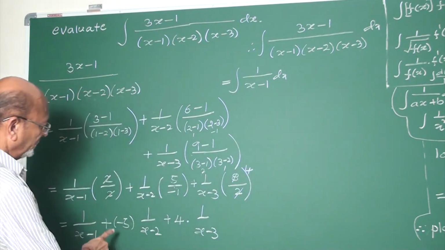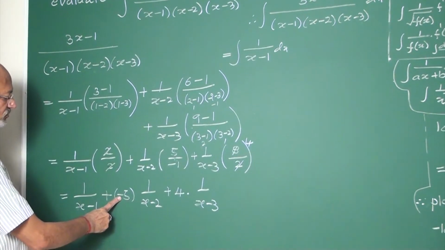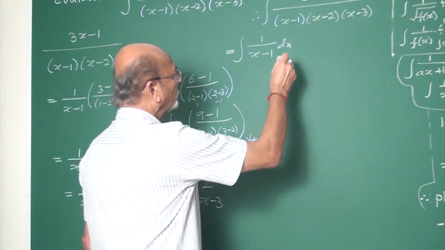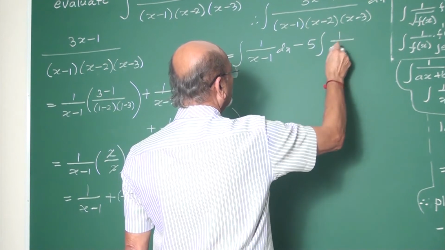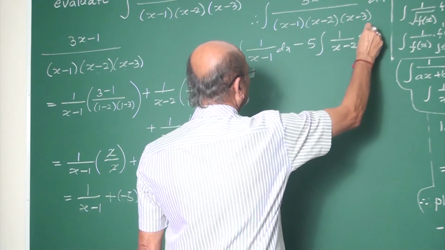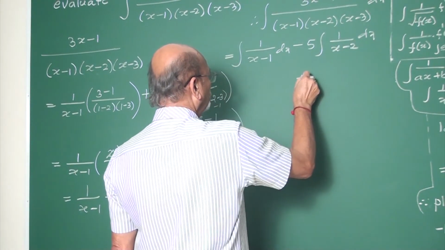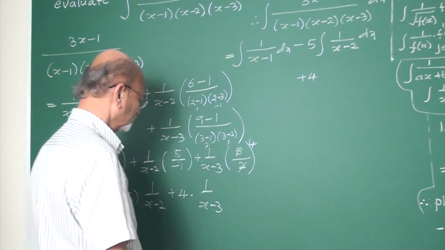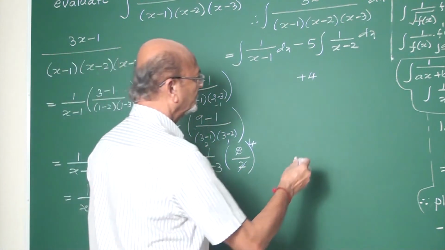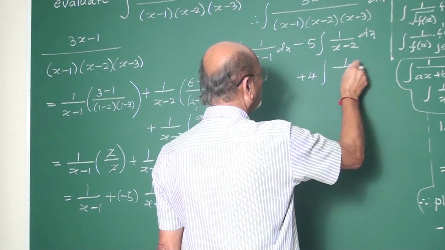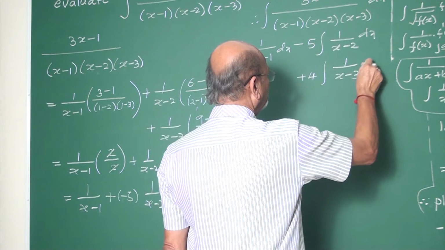Now this minus 5 is out, being a constant coefficient. Minus 5 out, integral 1 upon x minus 2 dx. Plus 4 is out, so it is integral 1 upon x minus 3 dx.